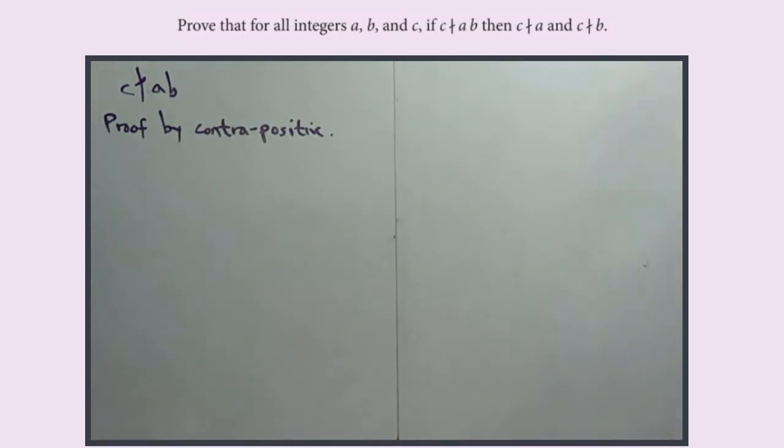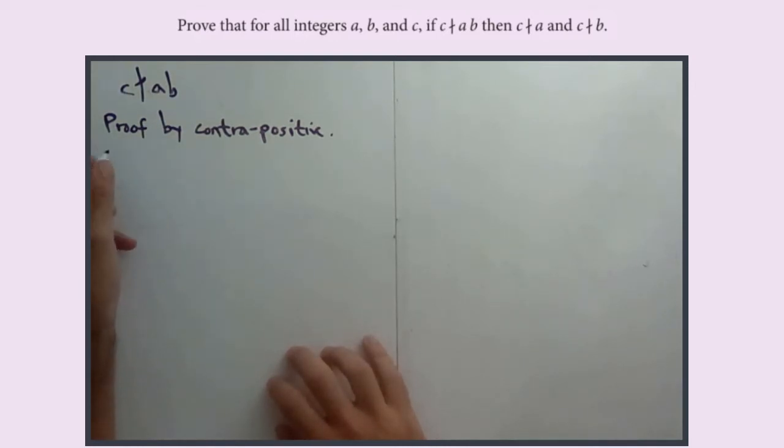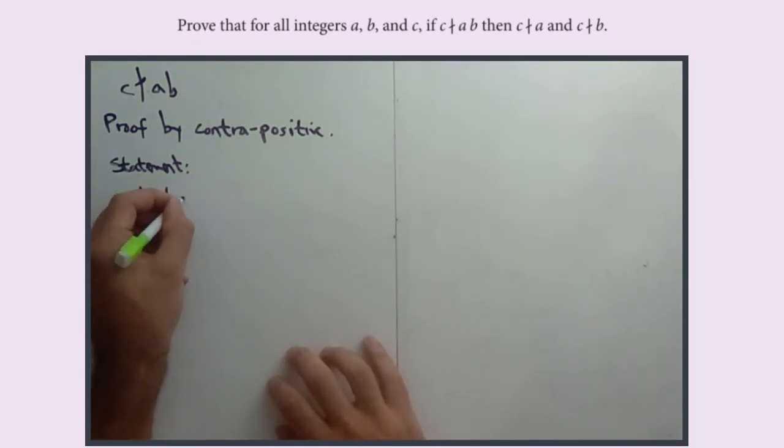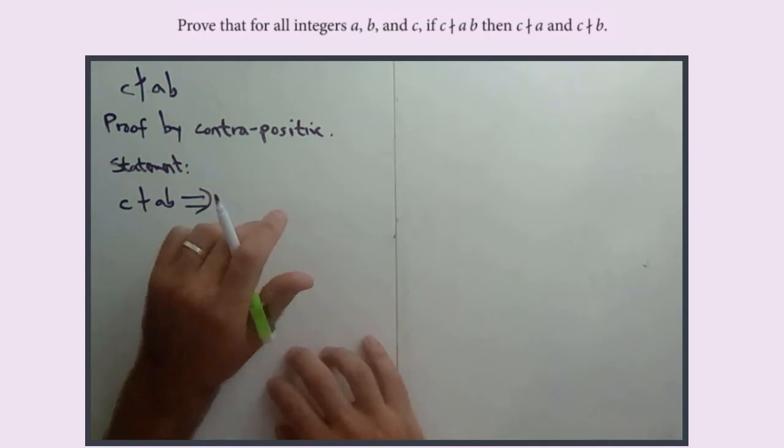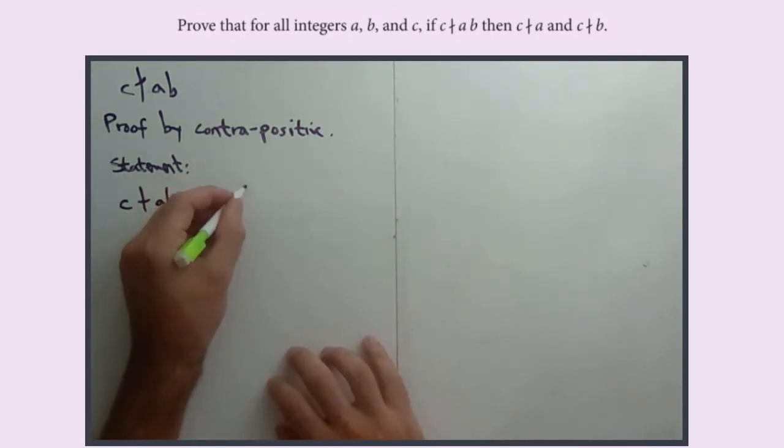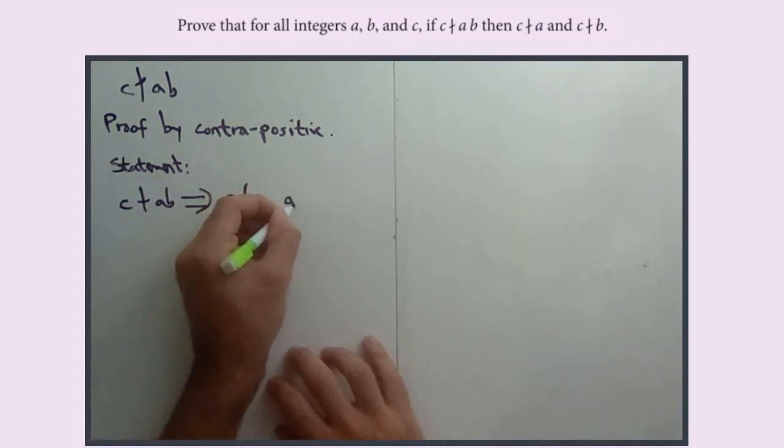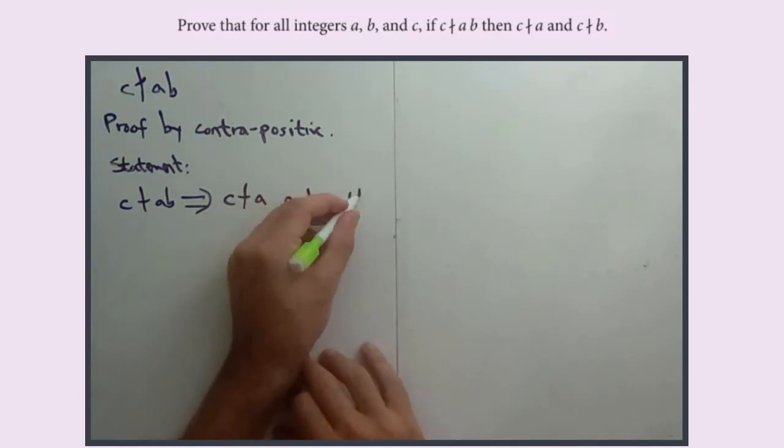Remember, if we had P implies Q, then the contrapositive of that is negation of Q implies negation of P. We've got an if and a then, so the actual proposition is: if C doesn't divide AB, then C doesn't divide A and C doesn't divide B.